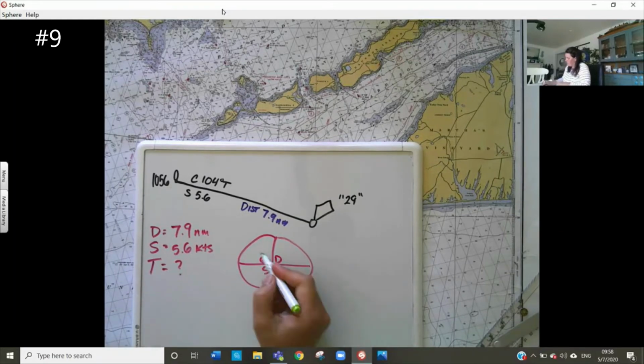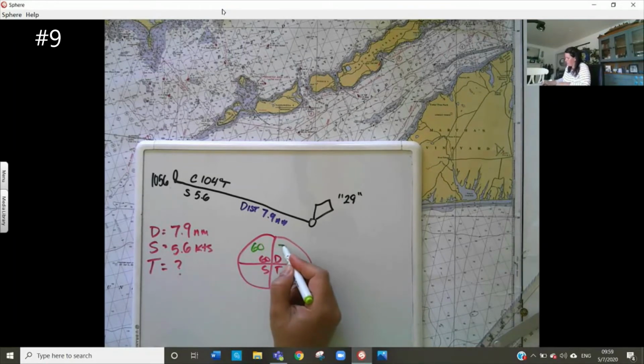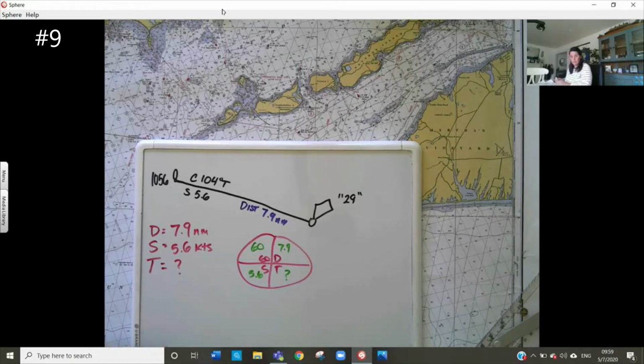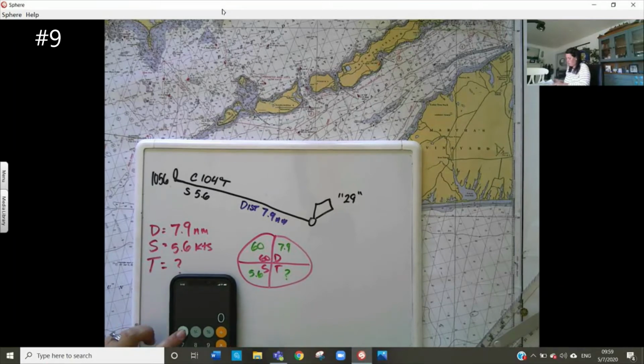So we have 60 times 7.9 divided by 5.6 gives us time. That gives us approximately 85 minutes.